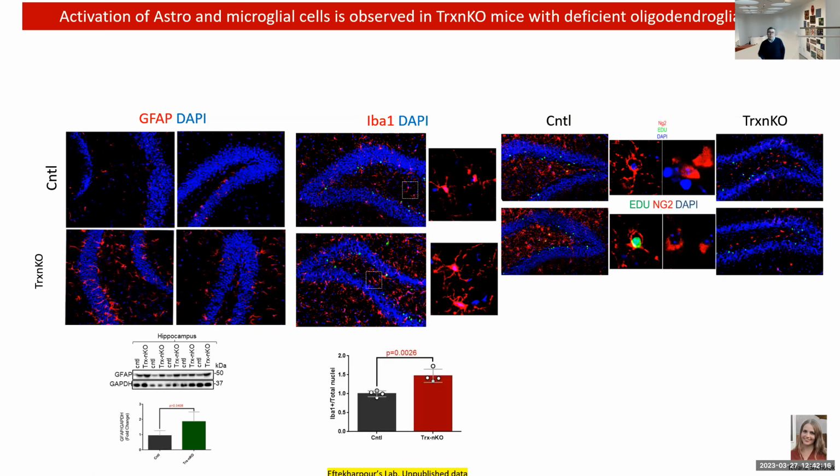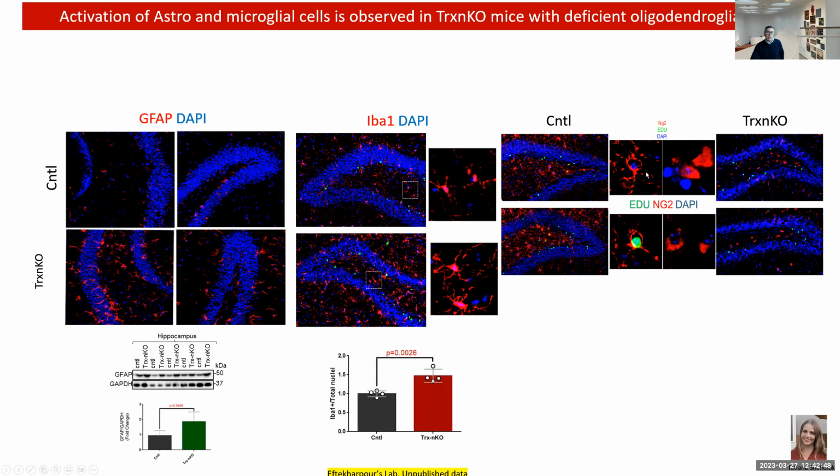For the other markers of neurodegeneration, we should look at glial cells. Here we are showing the dentate gyrus, and we can see a good correlation and increase in astrocytes with thyroidexin knockouts. What we can see here is that there were no changes in NG2 oligodendrocytes, but their morphology was different.